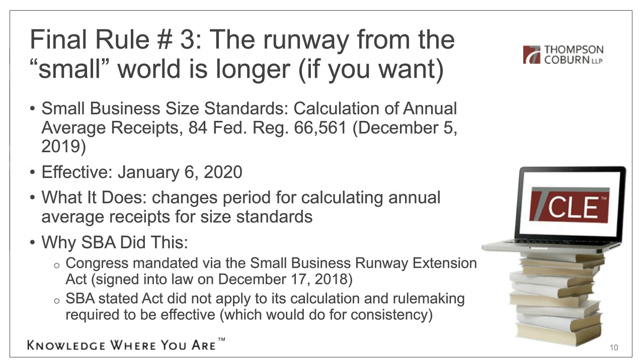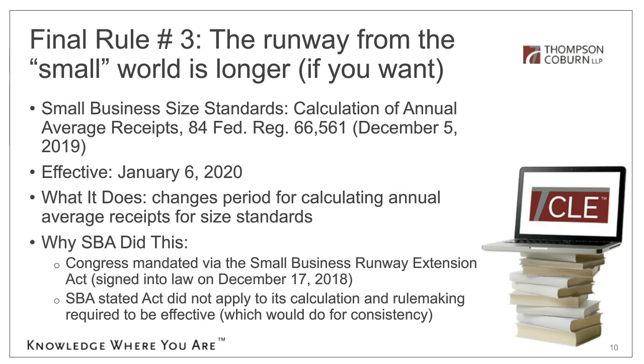And I've talked about this disagreement for a couple of reasons, but it's particularly relevant to what this means for companies going forward in 2020, because the final rule noted that SBA will use a 3-year calculation period if a company certifies their small business or certified their small business prior to the effective date.